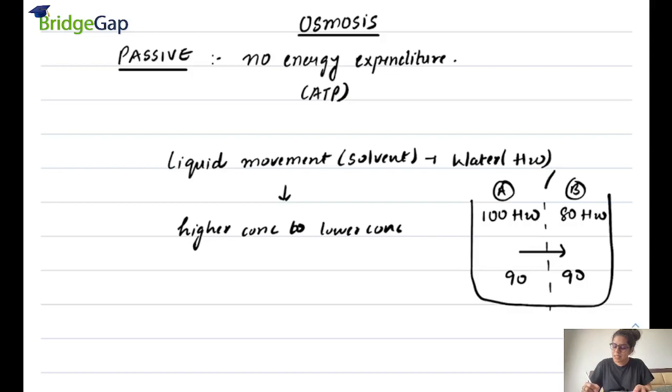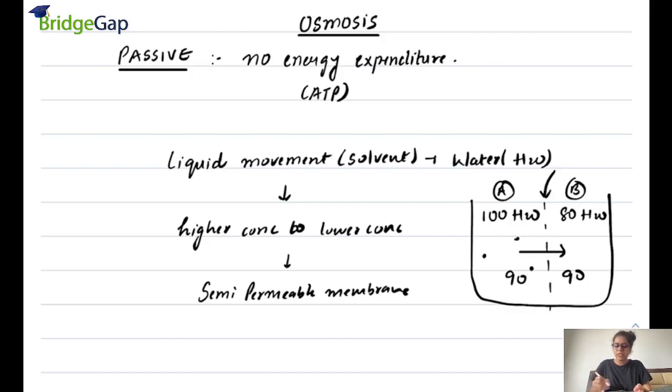But then what is this specific thing I drew? I drew a membrane. Which membrane is it? It is a semi-permeable membrane. What exactly is this semi-permeable membrane? Semi-permeable means allowing only and only liquid molecules to cross through it.